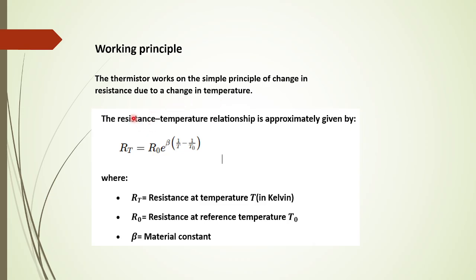Now we see what is the relationship between that resistance and temperature. RT is equal to R naught e power beta (1 by T minus 1 by T naught).